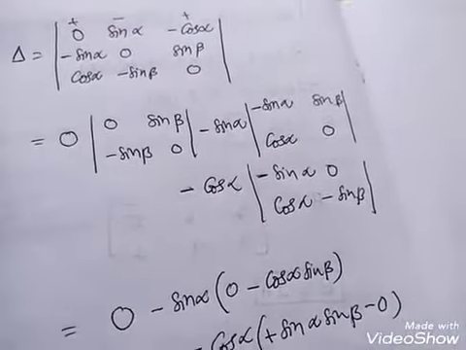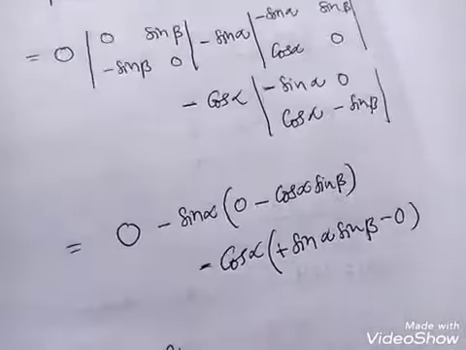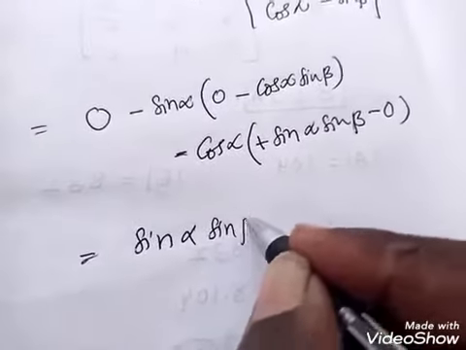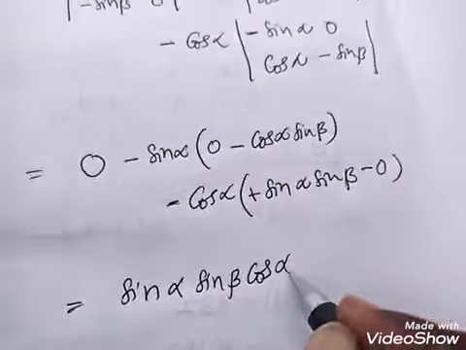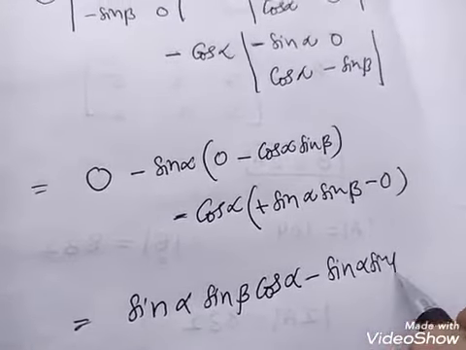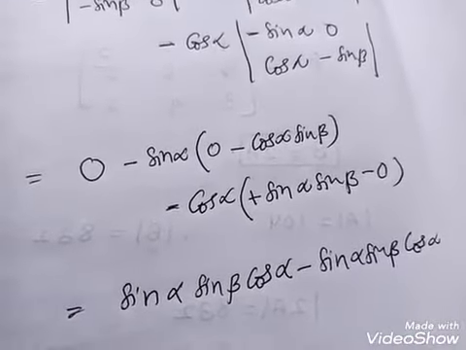Now what are you going to get, observe there, if you multiply minus into minus, plus, that is sin alpha sin beta cos alpha minus sin alpha sin beta cos alpha. Both get cancelled. You will get 0.